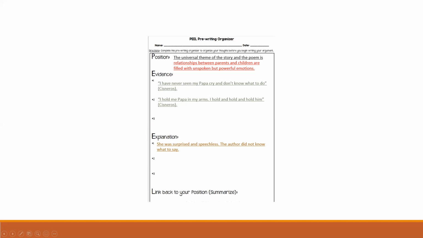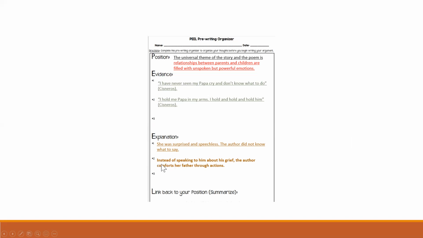So the first thing I did here actually was fill out this explanation for this second piece of evidence, just so I could finish that off. So toward the end of the short story, we have, "I hold me Papa in my arms and I hold him." I put "me" there, that's a typo, I'll fix that later. Okay. And then there's my citation.